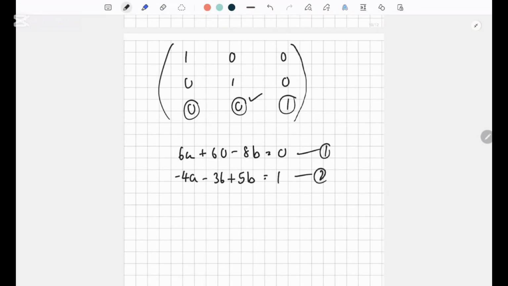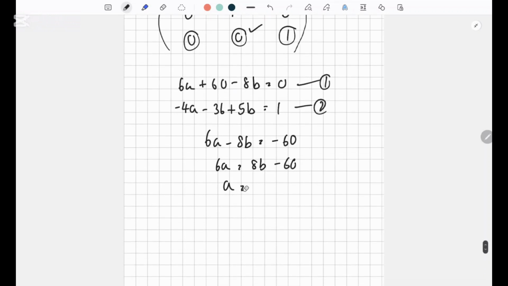So these are our two equations. It's a simultaneous equation, as you can see. So I can write 6a minus 8b. I'll take 60 onto the other side. We'll subject a. So 6a equals 8b minus 60, right? So a equals, I'm going to divide everything by 6, 4 over 3b minus 10.